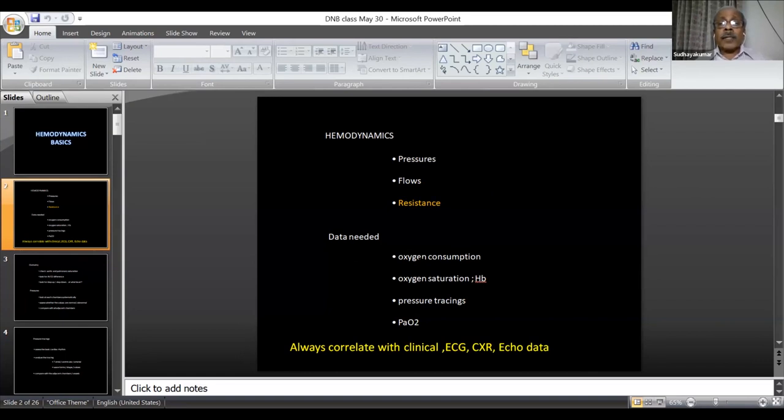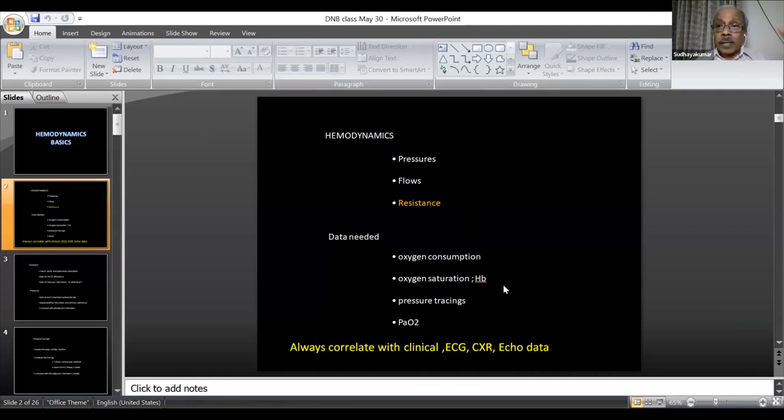So basically, in hemodynamics we have the pressures, flows, and resistance. Now, for this, the data needed is oxygen consumption, which is the amount of oxygen consumed by the body in one full minute, in liters.